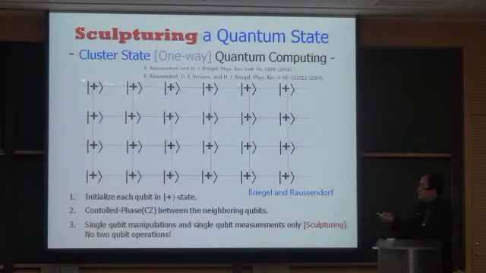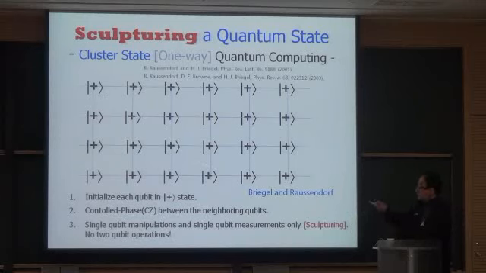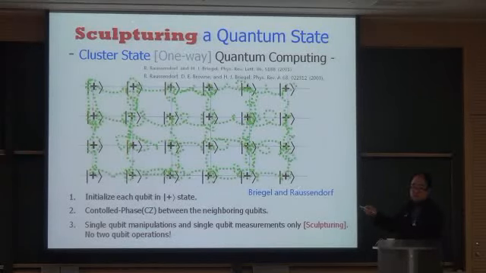Then you do the control Z. This is slightly different from the control NOT. That is, if the control is 0, you do nothing on the second one. But if the control is 1, you change the sign, plus to minus, minus to plus. So if you operate the control phase operation on neighboring states, then everything becomes entangled.